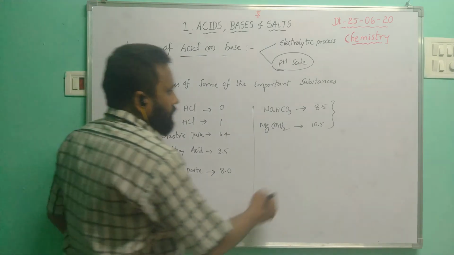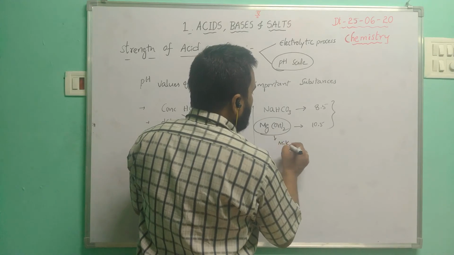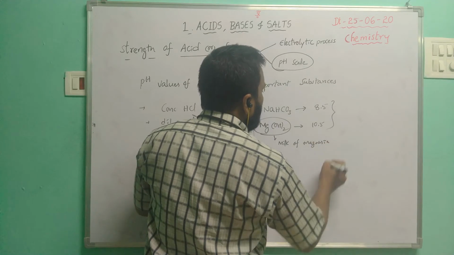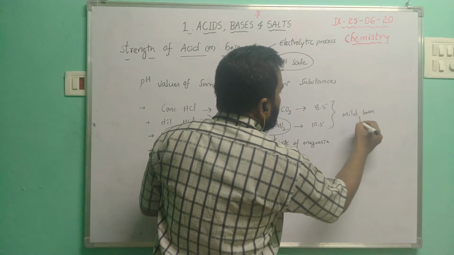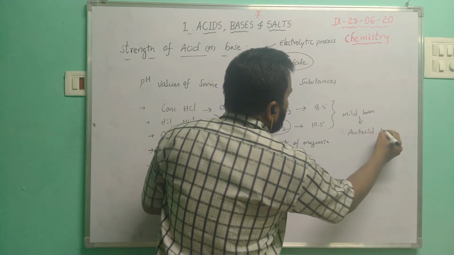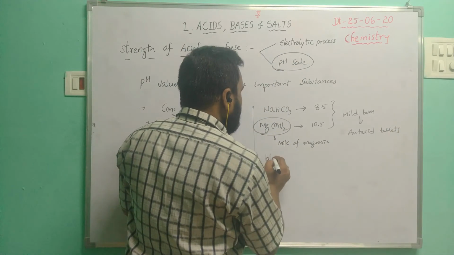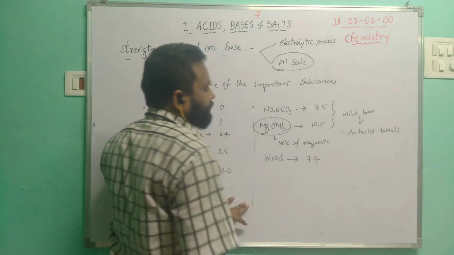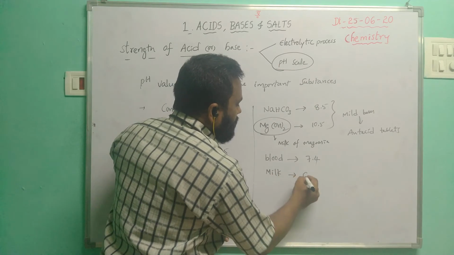This is the milk of magnesia. Mild bases, antacid tablets. And blood pH value equals 7.4, and milk pH value equal to 6.6.